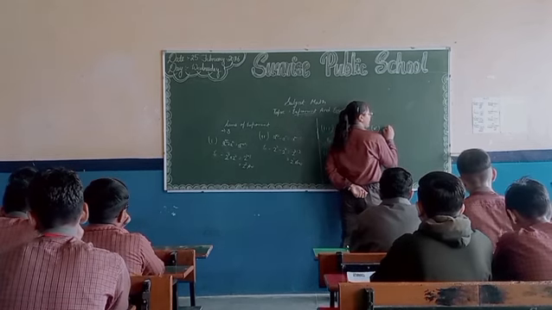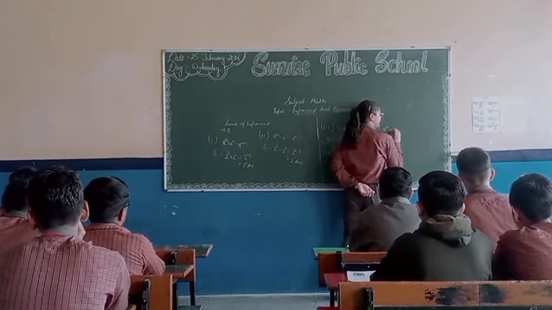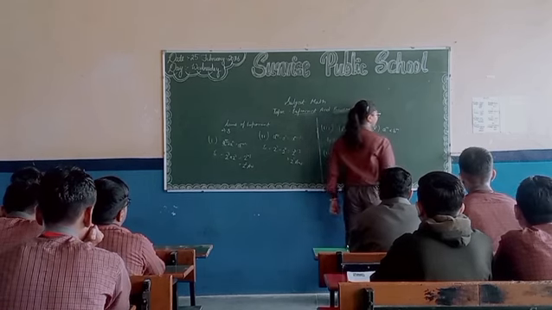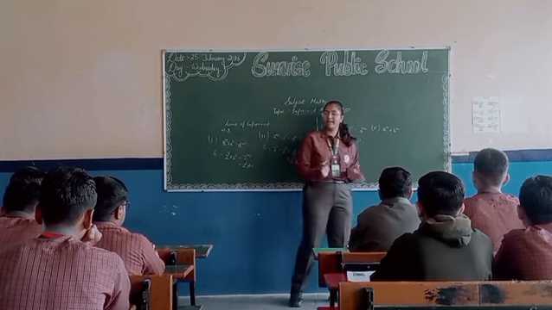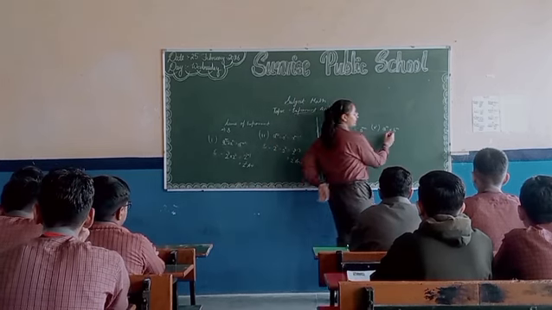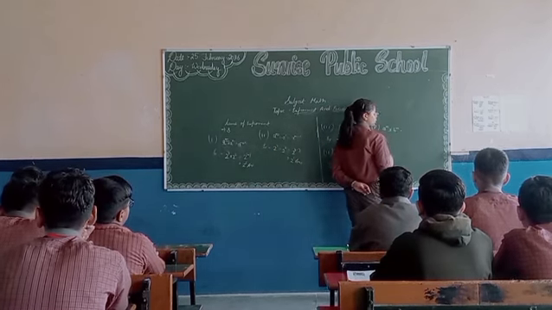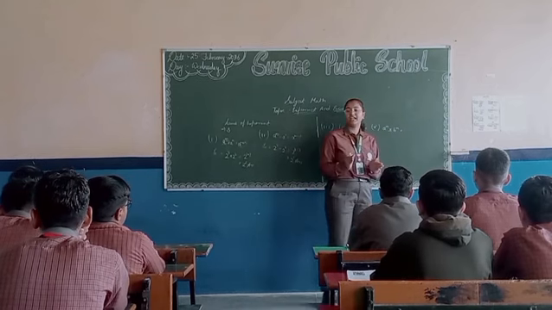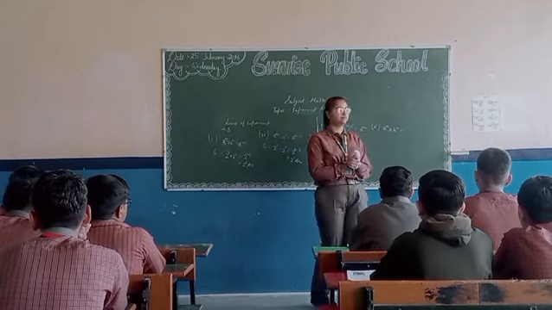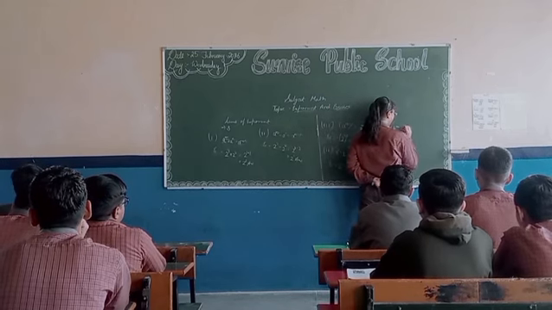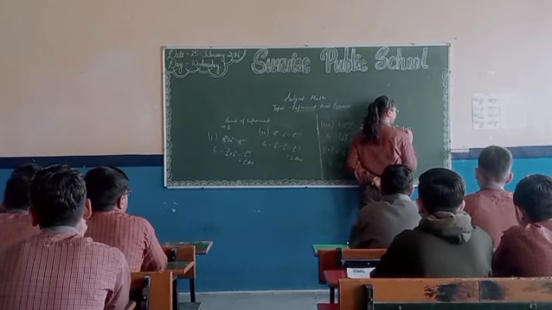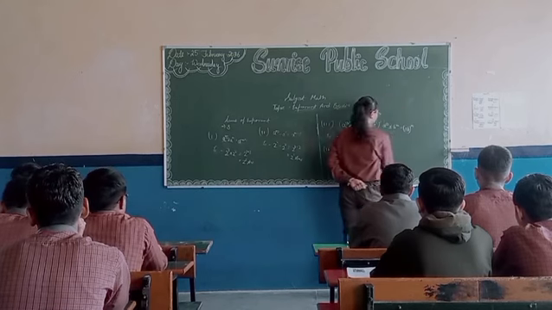Now about the fifth law. a raised to the power m multiplied by b raised to the power m. In this we see that the exponent is the same but the base is different, with a sign of multiplication in between. So we do the multiplication of the base, not of the exponent. We do ab raised to the power m.